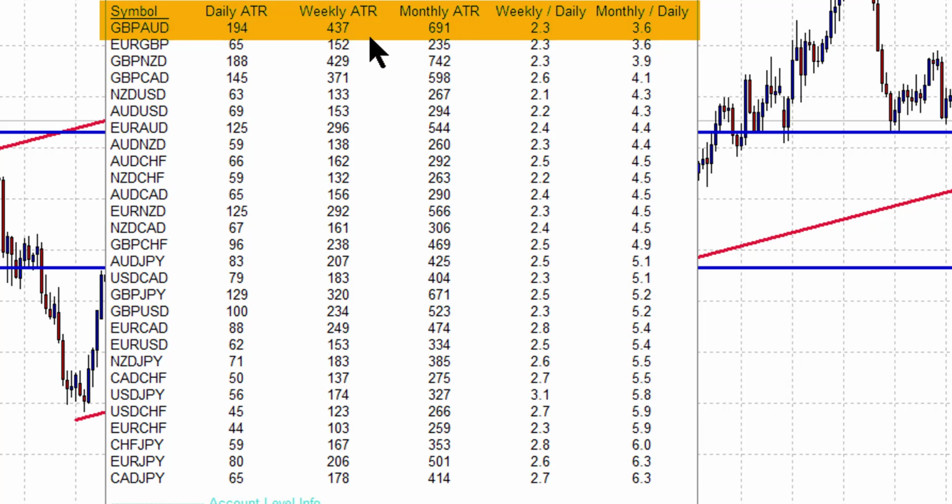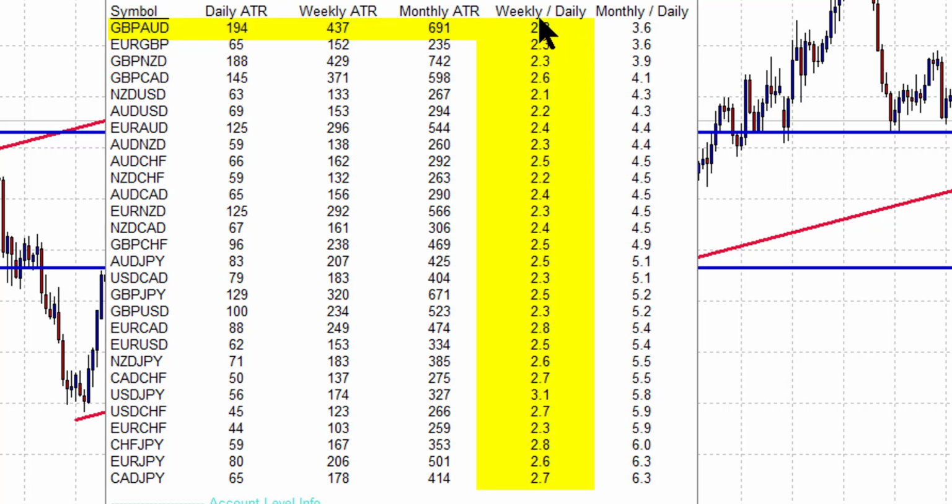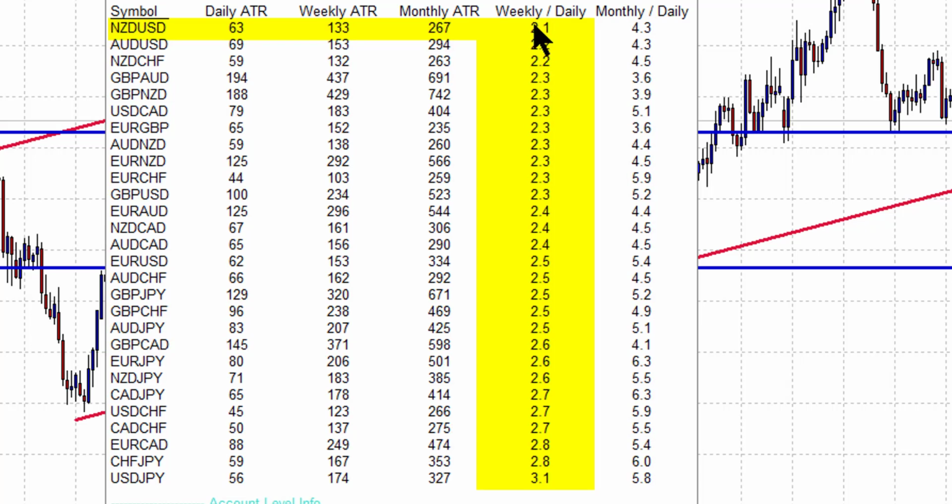But then when you start comparing these readings with each other, then you start seeing a different picture. So for instance, if you compare the daily reading with the weekly reading, and I'll just sort this column. So I've sorted it from low to high. So what it's saying here is that the New Zealand USD on average travels 63 pips a day.